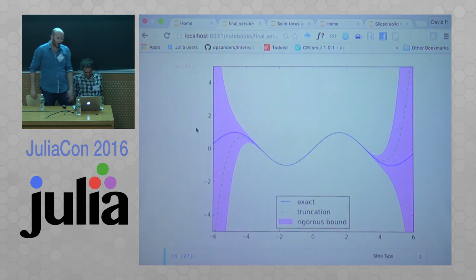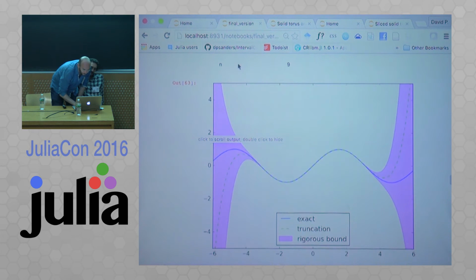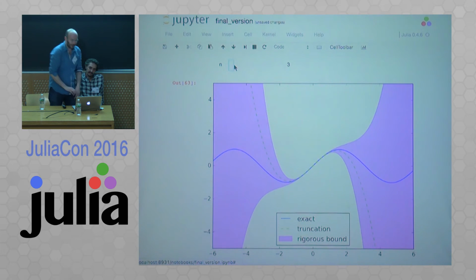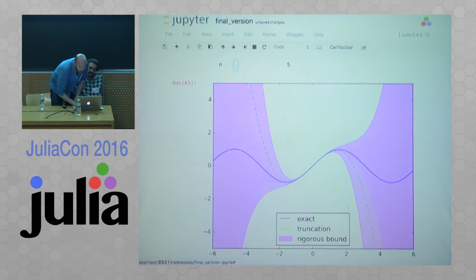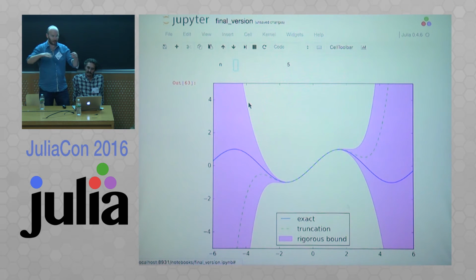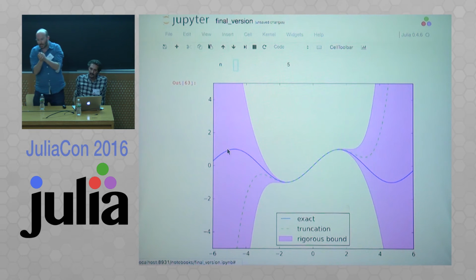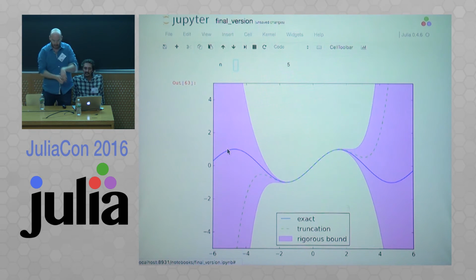Yeah, there it is. So as we increase the order of the Taylor expansion, the approximation of the polynomial, this green curve is just the polynomial bit, and then the pink is this bound. It's a pretty naive bound. We could do better if we did more work. It shows you this rigorous bound, and indeed it contains the sine function.